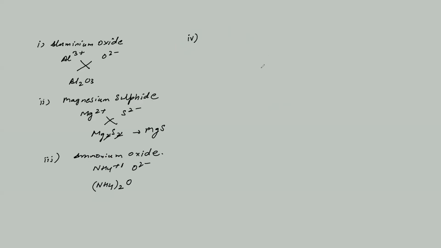Next, let us take another example, silver nitrate. Silver is Ag positive and nitrate is NO3 negative. So these just exchange. Here is 1 and here is 1. Exchange the 1 and 1 and it would be AgNO3.